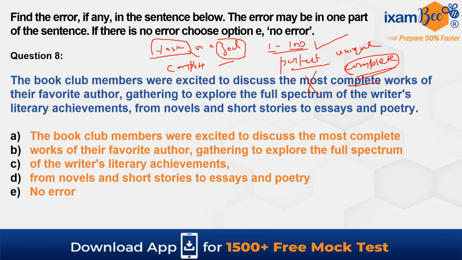When among certain objects or certain people, a single person is different. Among all those people, he is different from all those people, right? So unique is unique and perfect is perfect. There cannot be any other perfect or any other unique, right? Unique and perfect in themselves are superlative. Hence, you do not use more or most with them.